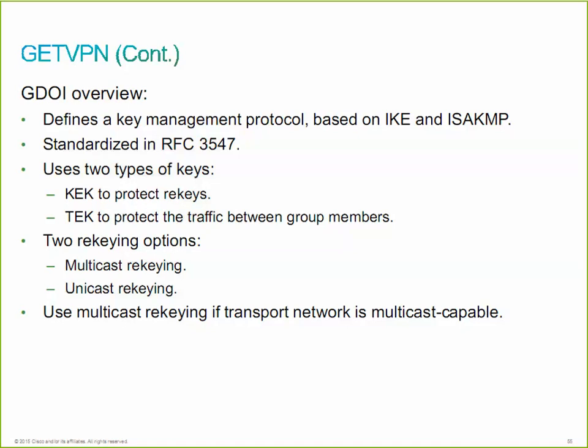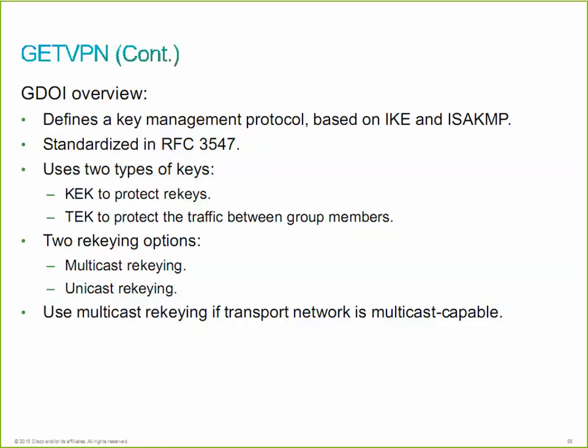All of the group members use the same set of session keys to protect their network traffic. In a classic IPSec VPN, each pair of peers has their own private set of IPSec SAs, and those IPSec SAs are only shared between those two peers. All right? Not what we see with GETVPN.